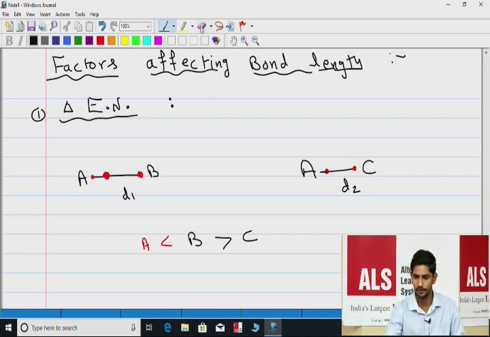For better clarification, you can draw it here. Tell me, which one is greater, D1 or D2?